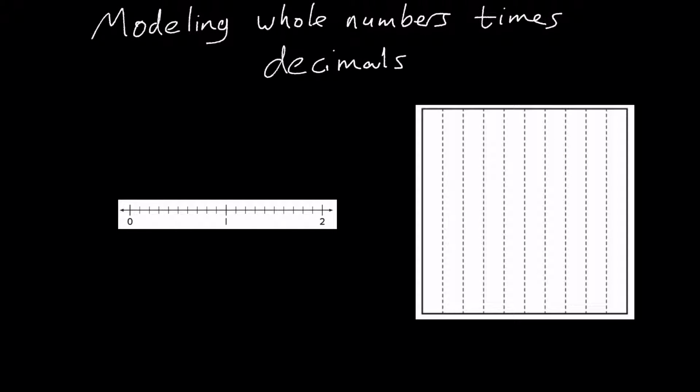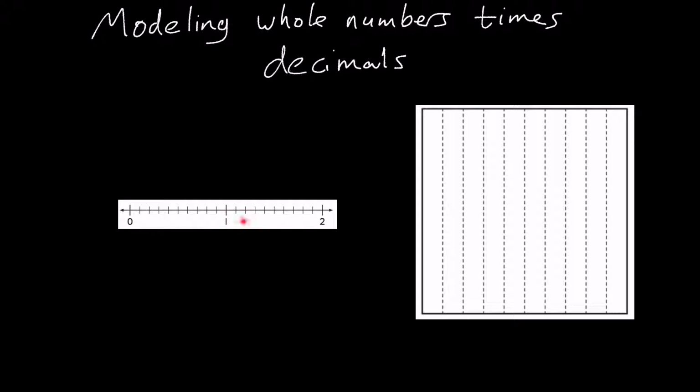If you notice, the number line and the grids are each divided up so that one whole makes 10 pieces. And in the grid, we have 1, 2, 3, 4, 5, 6, 7, 8, 9, 10 columns. So 10 columns equals one whole grid. So each column is a tenth.